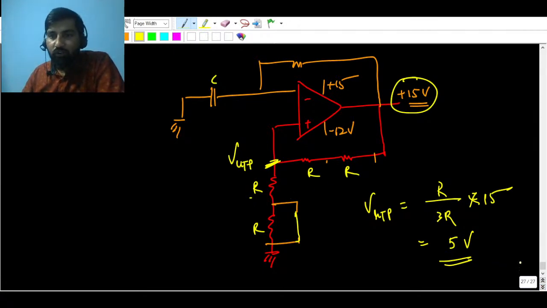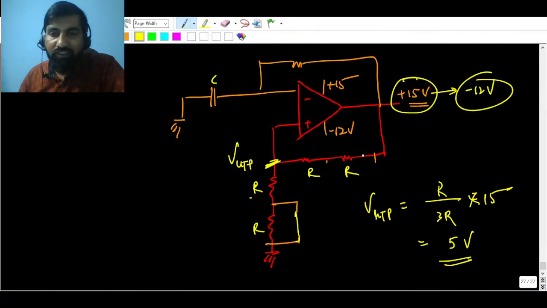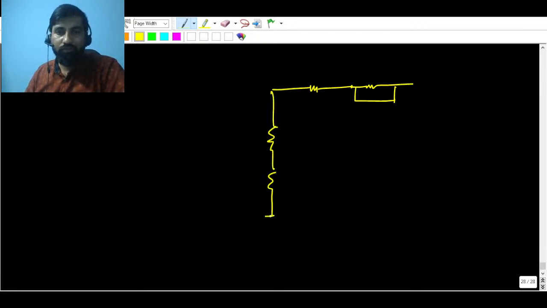Now change your output. When the output of this op amp changes from plus 15 to minus 12, your diode status will change. This diode will be on and this diode will be off, so this one is short circuited and this is off. Here you have to calculate VLTP.